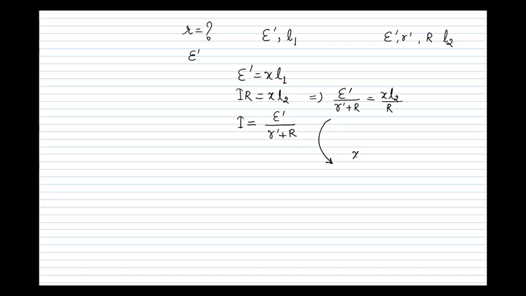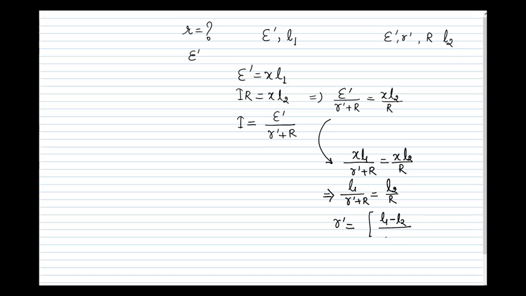So XL1 upon R dash plus R is equal to XL2 upon R. X cancels out from here, so we get L1 upon R dash plus R is equal to L2 upon R. Simplifying this, L1R is equal to R dash L2 plus R L2. So from here we get the value of R dash is equal to (L1 minus L2) upon L2 into R. That is the internal resistance of the cell.